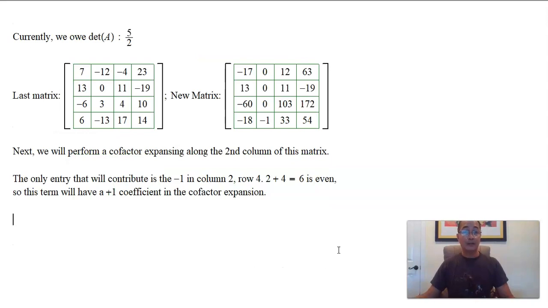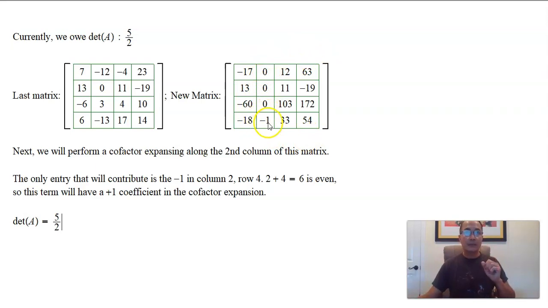Okay, so now we are ready to execute the cofactor expansion. So we account for everything that we have so far. Let us summarize what we need for the determinant. So let's write that as determinant of A equals 5/2 times whatever we will get for the determinant of this matrix.